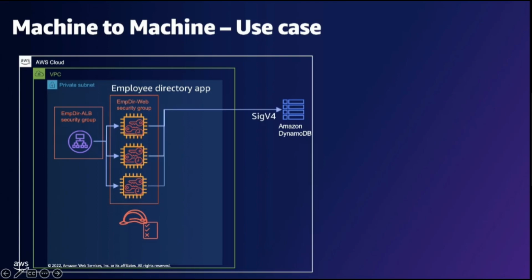So with the VPC endpoint, how it works is that you attach it to your VPC, right? And all the traffic that is meant to be going to DynamoDB, you will route that traffic via that VPC endpoint. Now, a couple of slides ago, when we were looking at identity-centric and network-centric controls, we looked at this scenario where the EC2 instance wanted to access objects on an S3 bucket just using IAM, right?